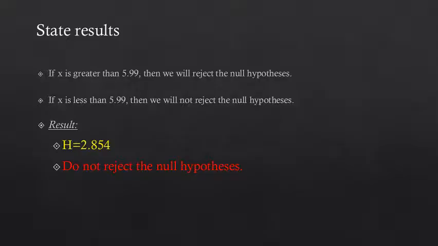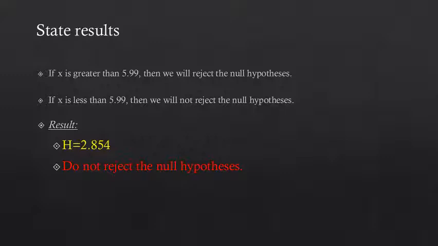So now let's proceed. We have to state our results. If we go back to our decision rule, if chi-squared is greater than 5.99, then we will reject the null hypothesis. But if chi-squared is less than 5.99, then we will not reject the null hypothesis.